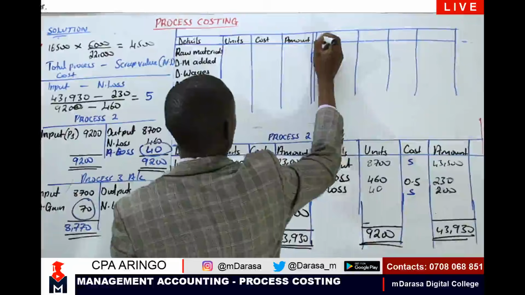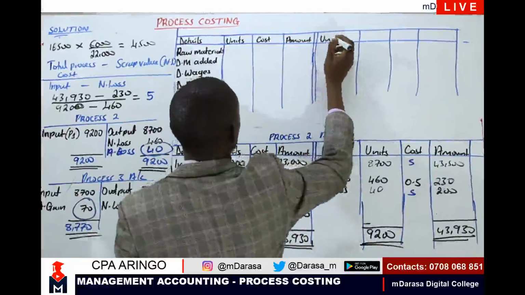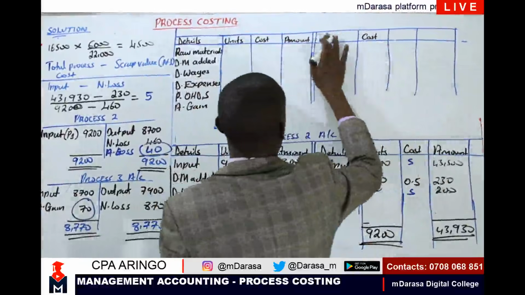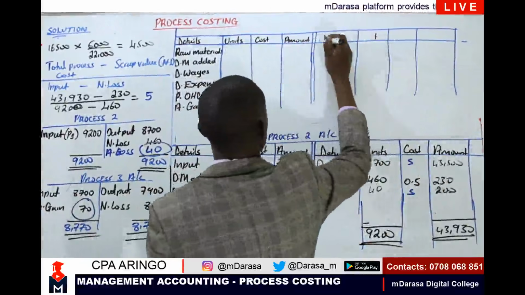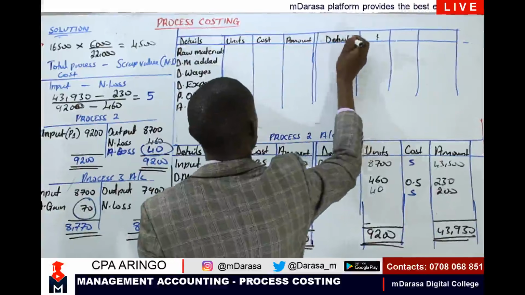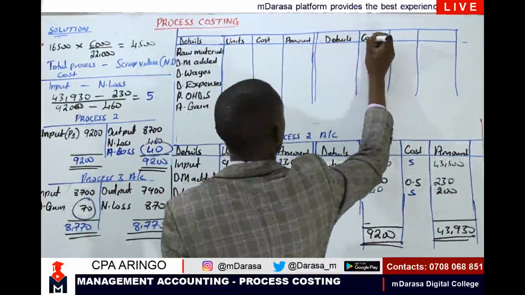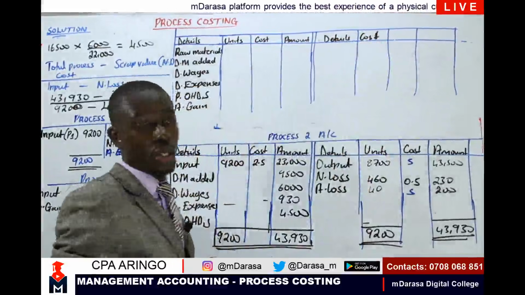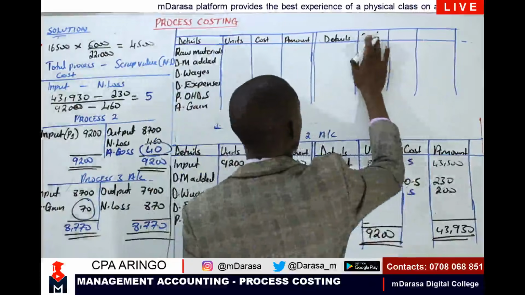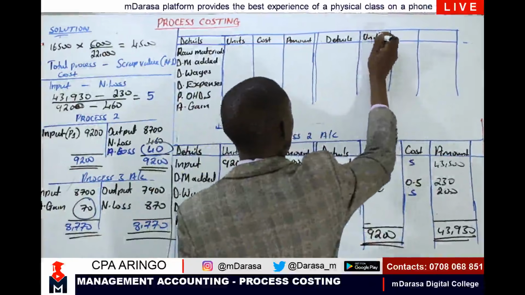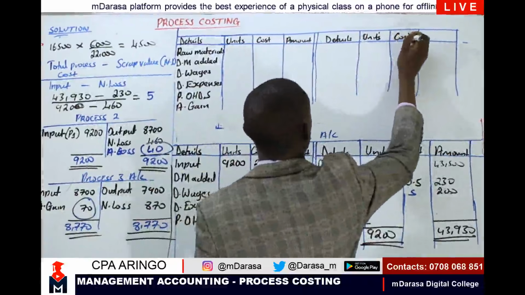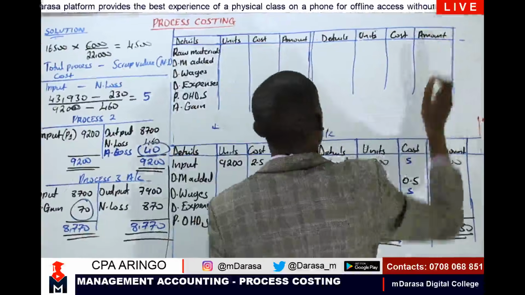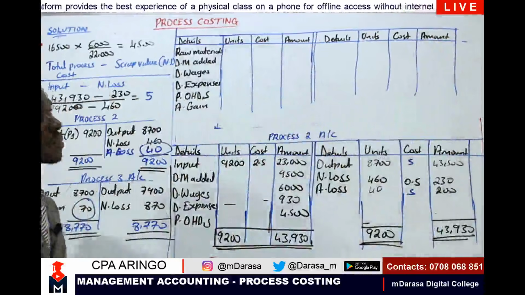This is details. Details, I'm having units, we have our cost, and we have our amount at that point.